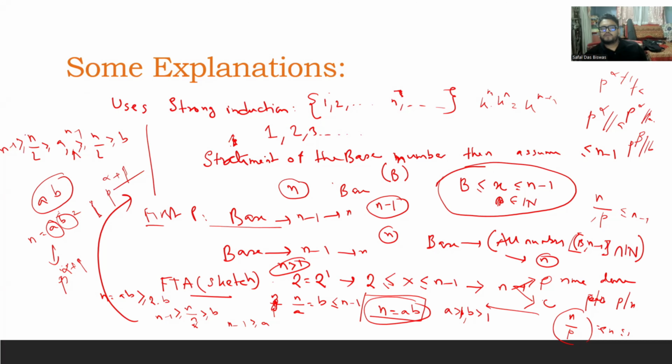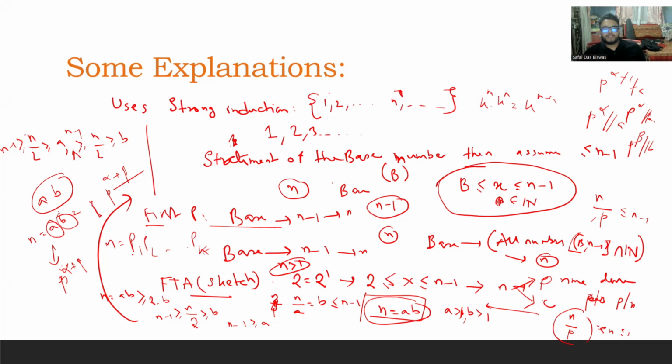Another way to prove the theorem is also using strong induction. As I said, I have used the definition of composite number, but that isn't necessary. You just take a product of primes, not using powers now. Just take n equals p1, p2, up to pk, where a particular prime can appear more than once.